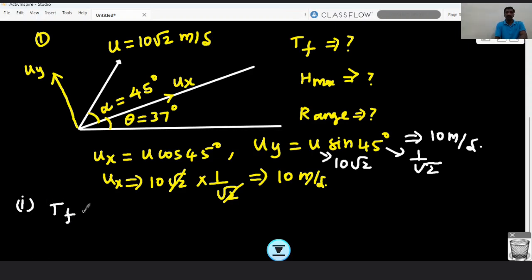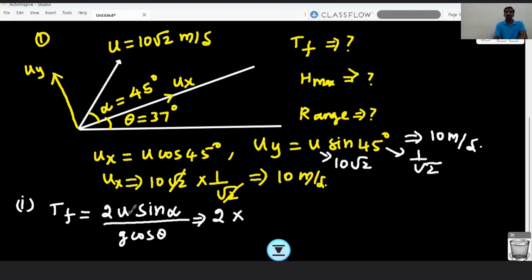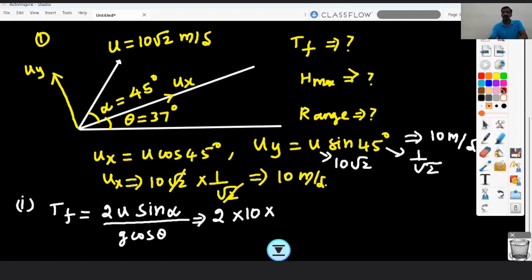Okay, now we can first find the time of flight. The time of flight formula is 2u sin alpha divided by g cos theta. So we need to substitute 2 into the vertical component of velocity only, which we have found to be 10, divided by g cos theta.